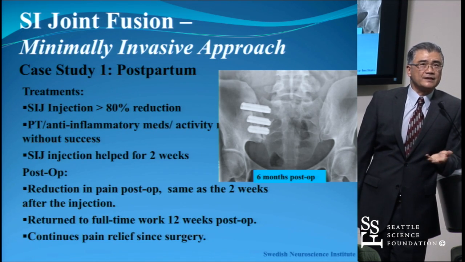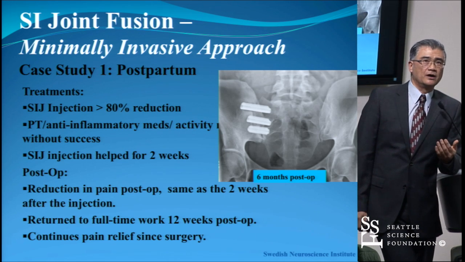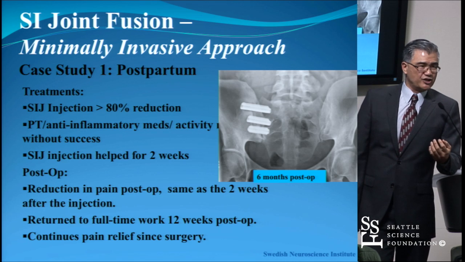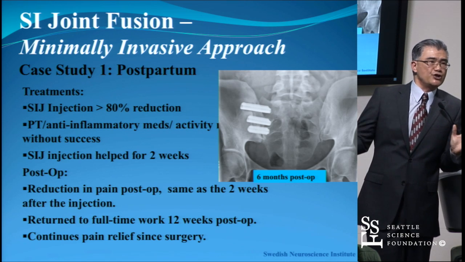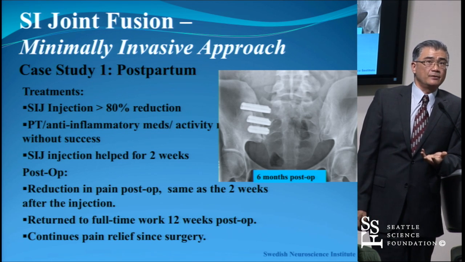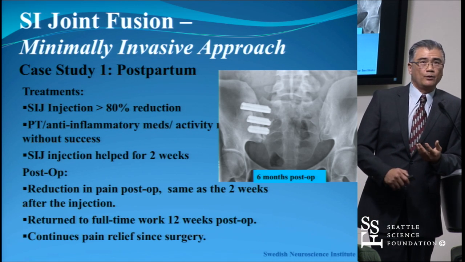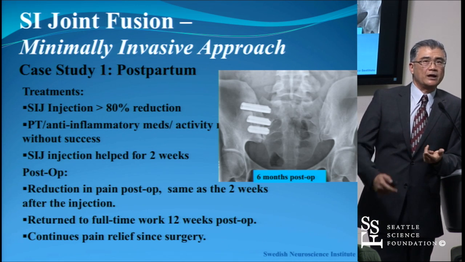So this is just a case, a patient postpartum who had multiple vaginal deliveries, and this is the only history that I can find that can cause an SI joint problem. The injection showed more than 80% reduction in pain, and she had been treated with all the other means, but the pain just kept coming back.